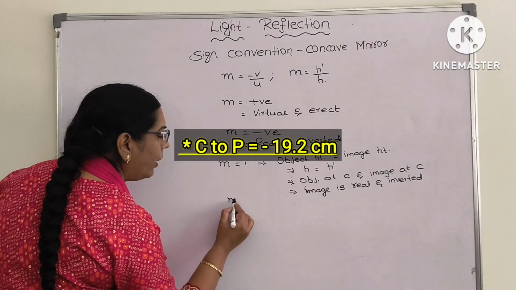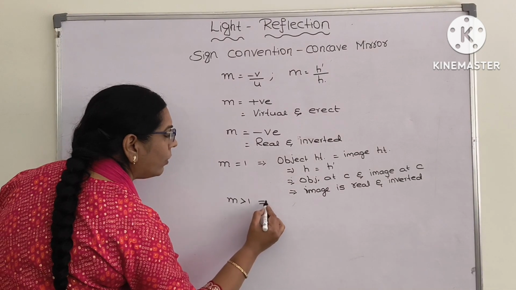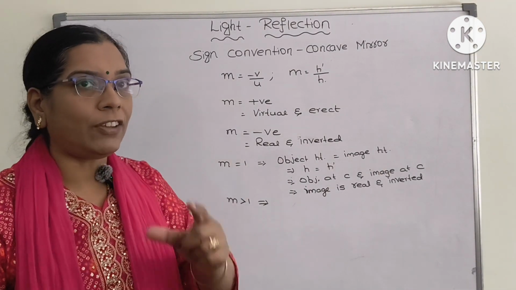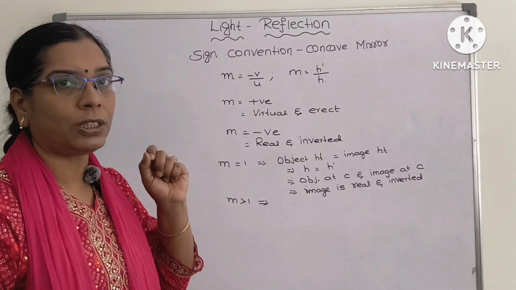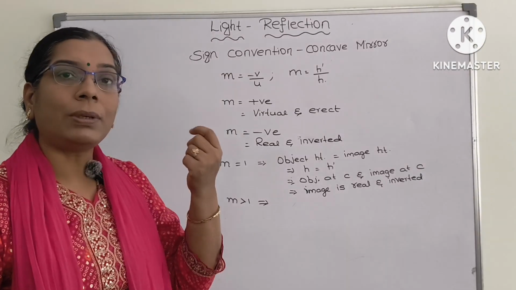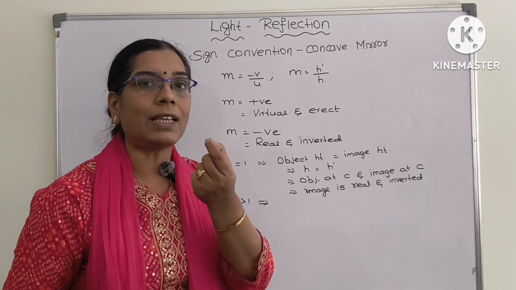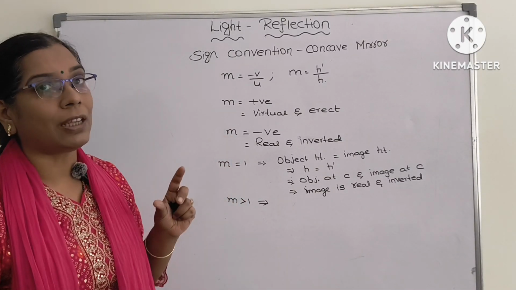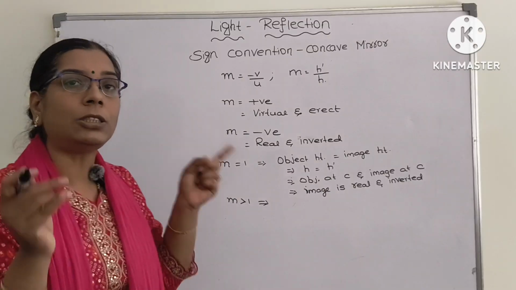Now, if m is greater than 1, what do you mean by that? See, when the object is placed at different positions, the size of the image will be different. Sometimes the image can be point size, sometimes it can be smaller than the object, sometimes larger, and sometimes much magnified.